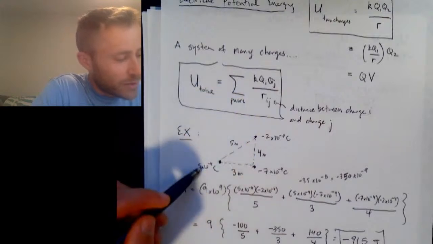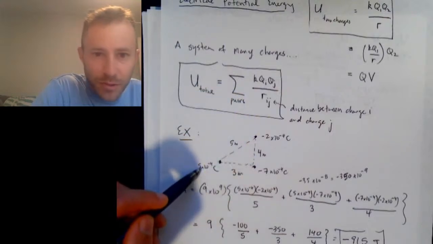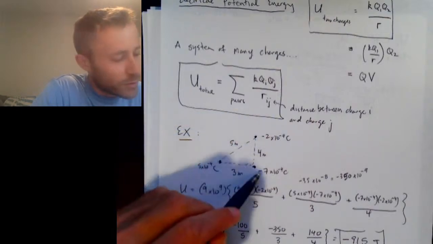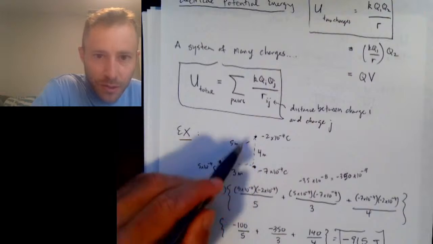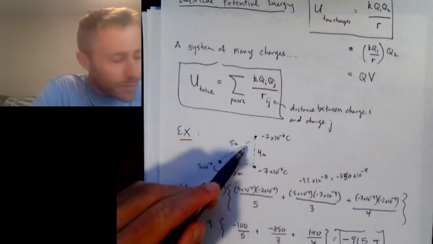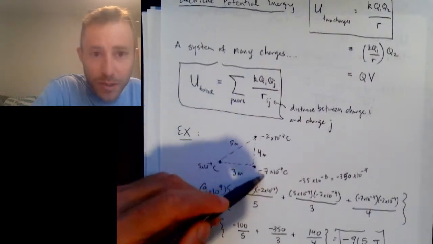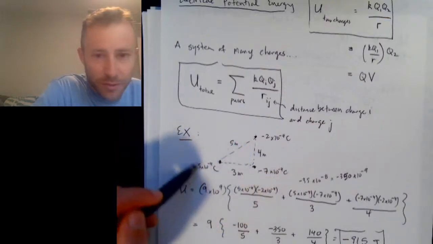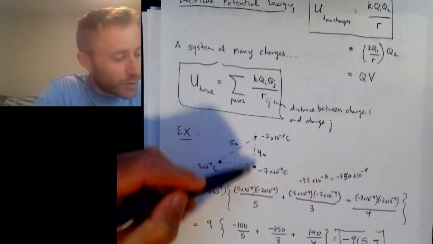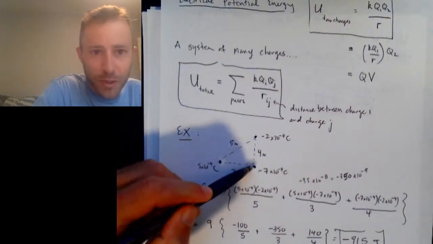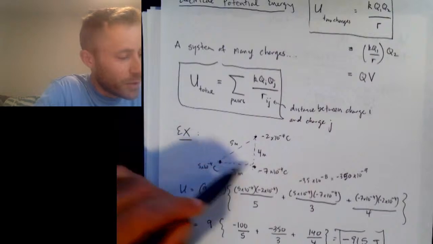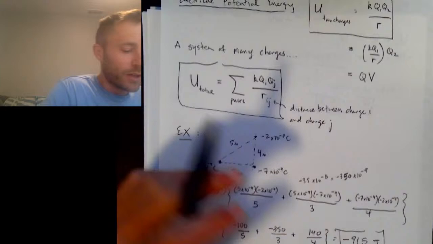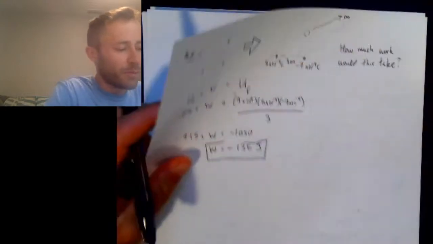It's attracted to this one, but this charge is farther away. This one's 5 meters away, whereas this one is 4 meters away. And then this is also a bigger negative charge than this is positive. So it's closer to this one, and this charge is bigger in magnitude than that one. So it would rather leave than stay. So that's why we have a negative amount of work to remove it.